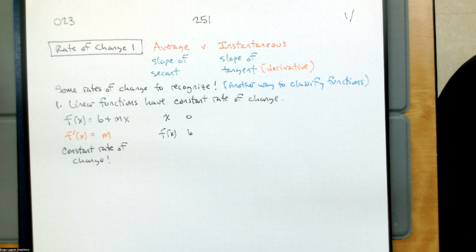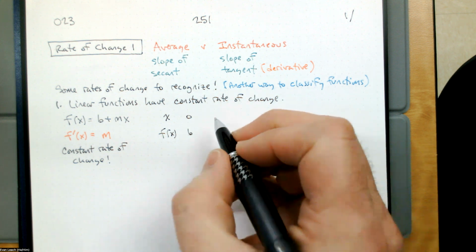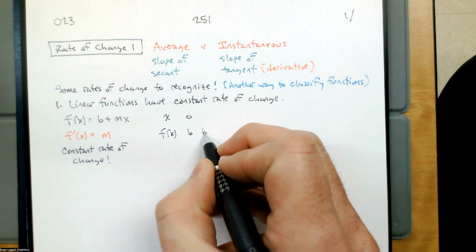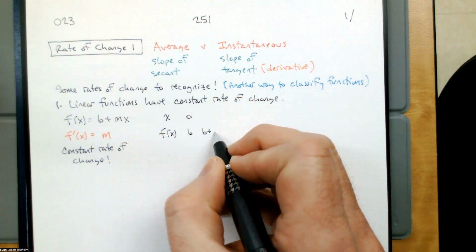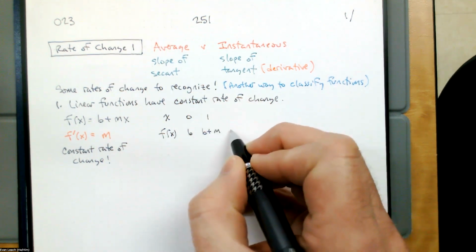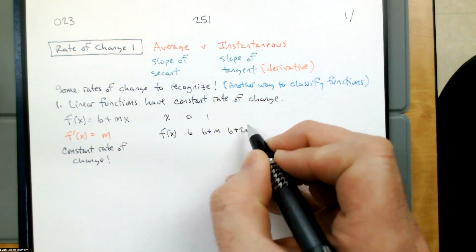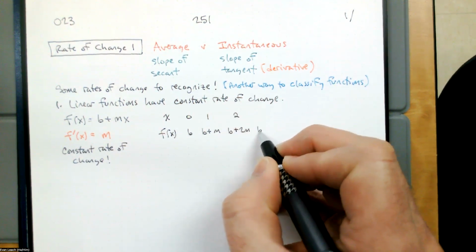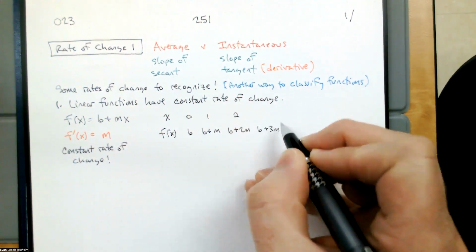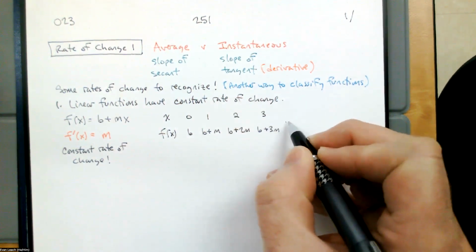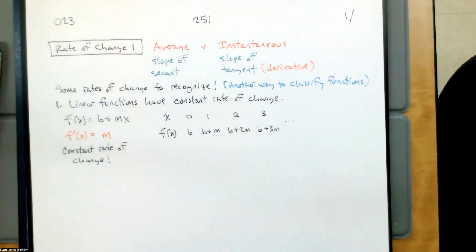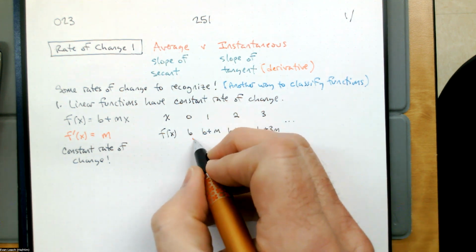We have this constant rate of change, a pattern of addition. So we add m one time when x is 1. When x is 2, we add m twice. When x is 3, we have added m 3 times, and so on. So what's happening is that the amount that we add is always the same. This is what linear functions do. This is why we like linear functions.